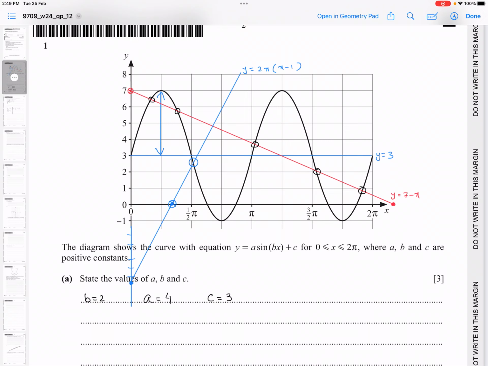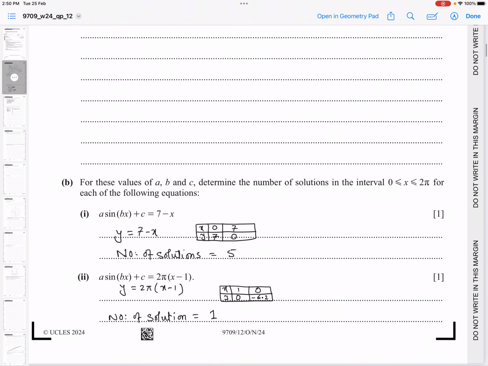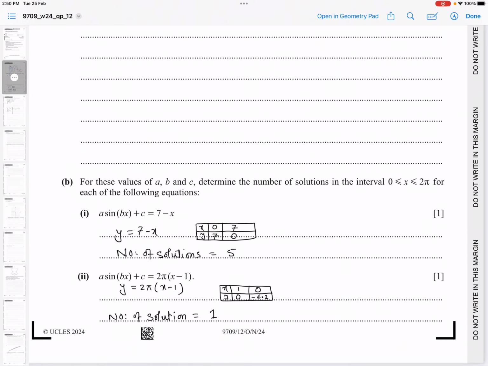Join these 2 points and find how many points there are where this red straight line crosses the sine curve, which is in black. There are 1, 2, 3, 4, 5 points at which the line crosses the sine graph. So the number of solutions is equal to 5.